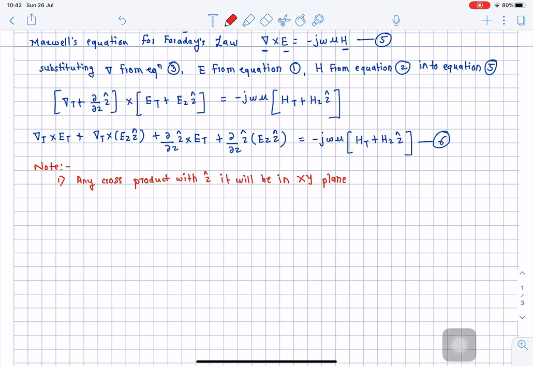Second observation: the cross product of any two vectors in the xy plane will give a longitudinal vector, right?